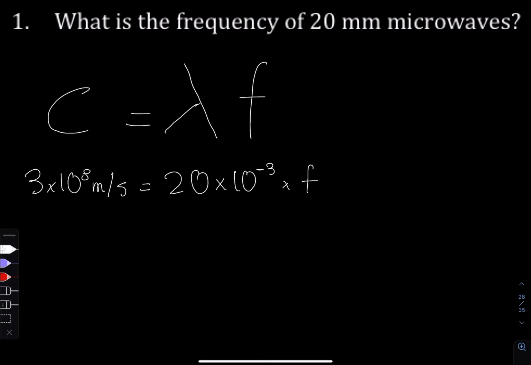So when we solve for frequency, it's a very simple problem. We're going to get 1.5 times 10 to the 10 hertz. So every second, this photon goes through 1.5 times 10 to the 10th cycles.